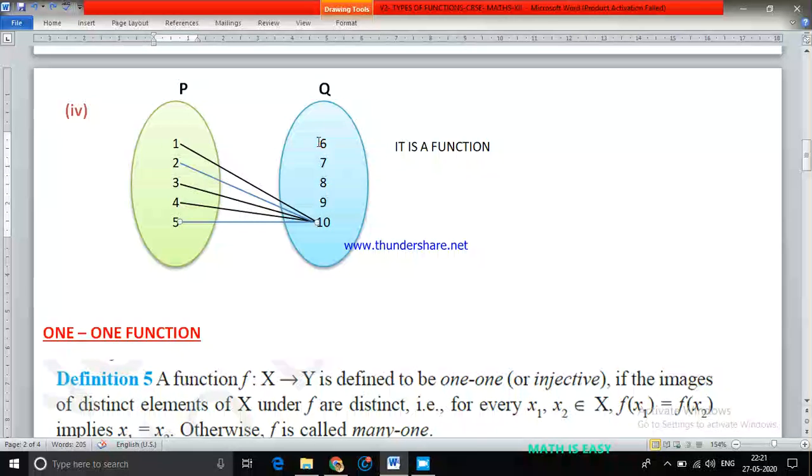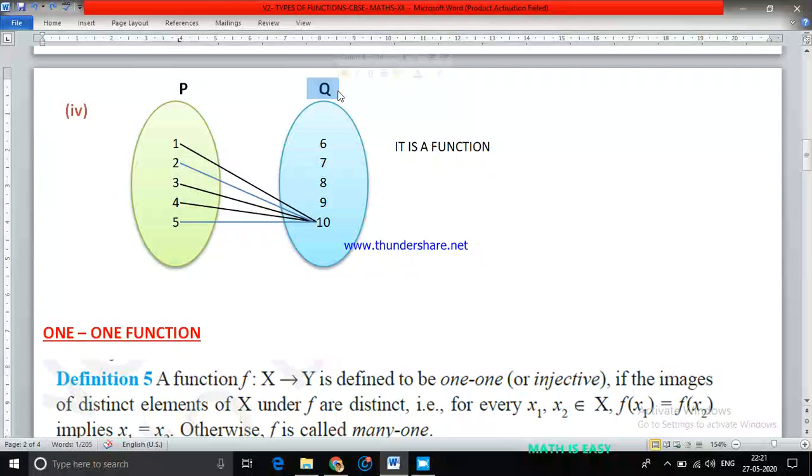Here there are some elements which are not mapped by any element of P, like 6, 7, 8, 9. These elements are not mapped, and 10 is mapped by all the elements of P. But your definition has not included anything about the set Q. Is that clear?